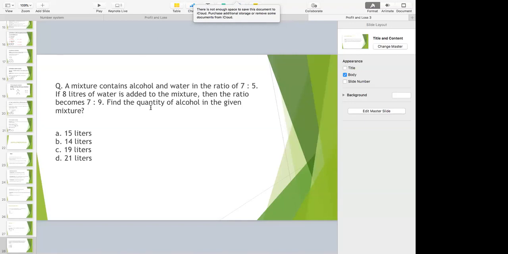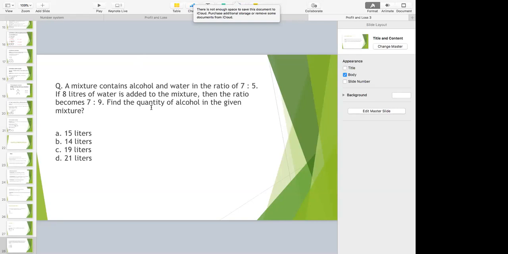Now the question was to find out the quantity of alcohol. Now what is the ratio for alcohol? The ratio for alcohol is 7. Now we just found out that a ratio of 4 corresponds to an actual value of 8 liters. It means a ratio of 1 will correspond to an actual quantity of 2 liters.